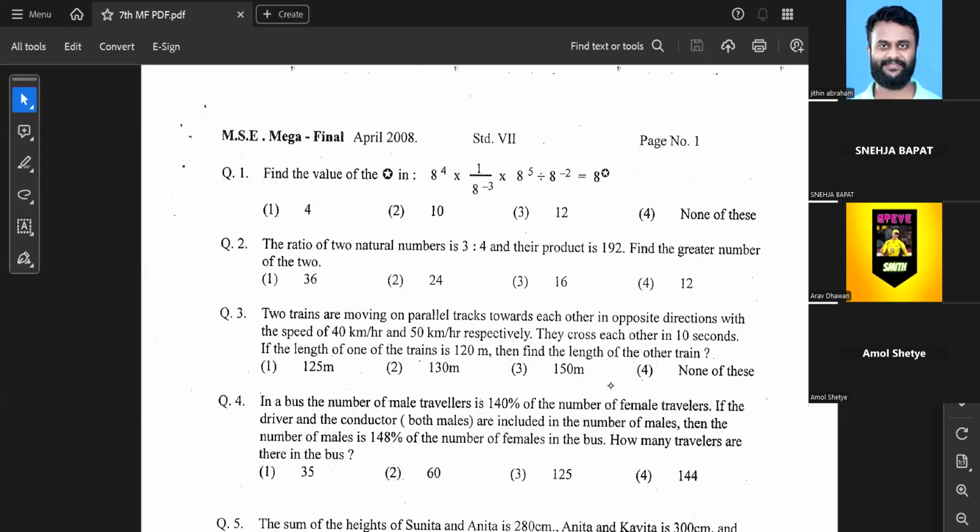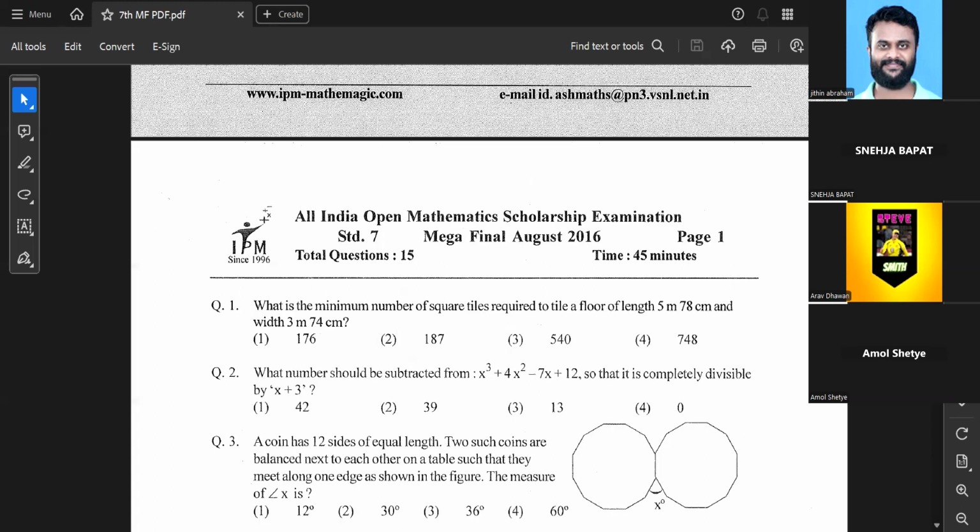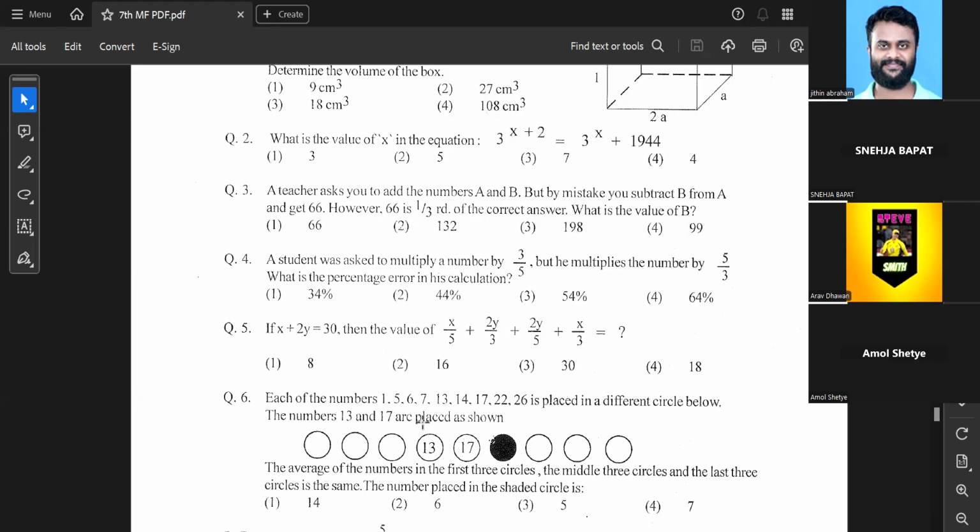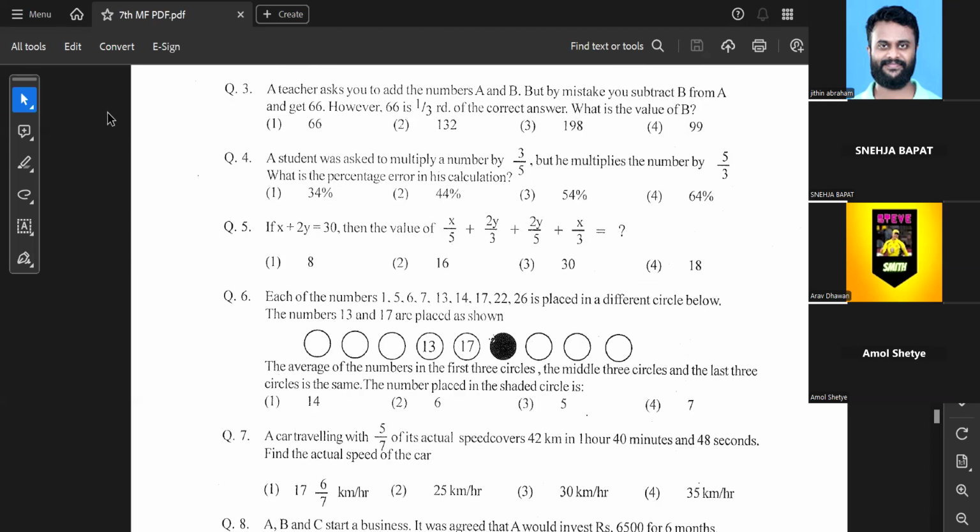That PDF, due to some reason, PDF crashed. Proceeding further.